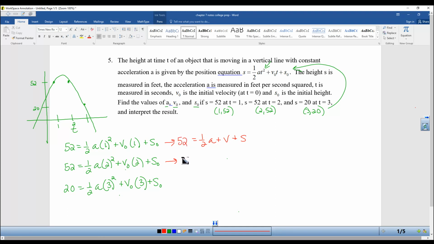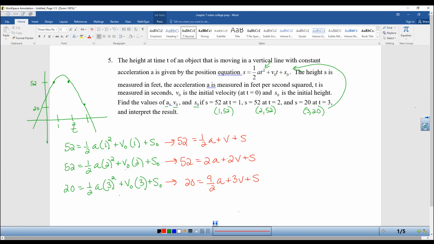And this one I'm going to rewrite as 52 is equal to 2 squared is 4 times 1/2 is 2a plus 2v plus s. And my last one, 20, is equal to 9/2 a plus 3v plus s.